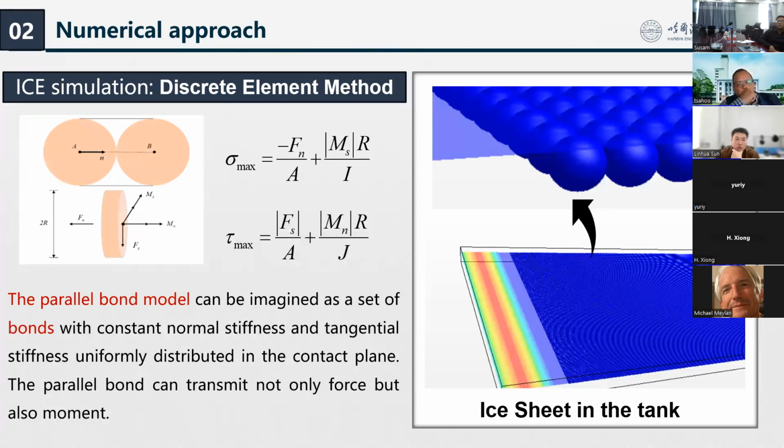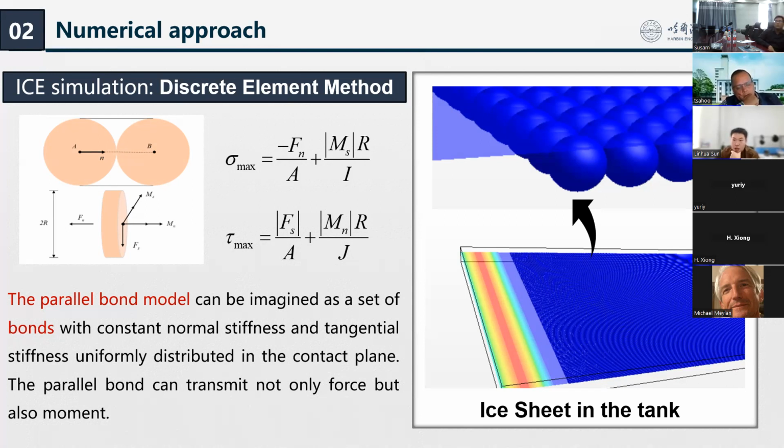We use the DEM method. The parallel bond model can be imagined as a set of bonds with constant normal stiffness and tangential stiffness, uniformly distributed in a contact plane. We can imagine many particles.